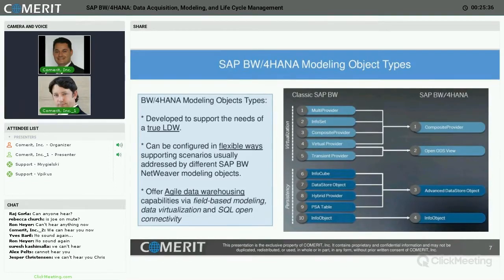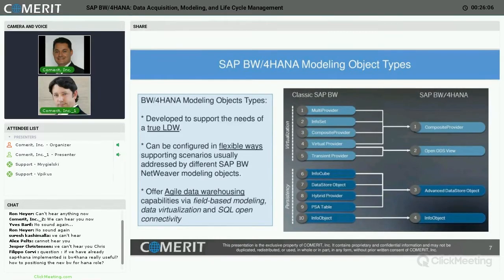Well, why not have just one element called composite provider, and depending on the settings, you can then define if you want a join or a union. So this is what we call the flexible ways of configuring those elements. So they are supporting scenarios that were before supported by different object types on the NetWeaver applications.